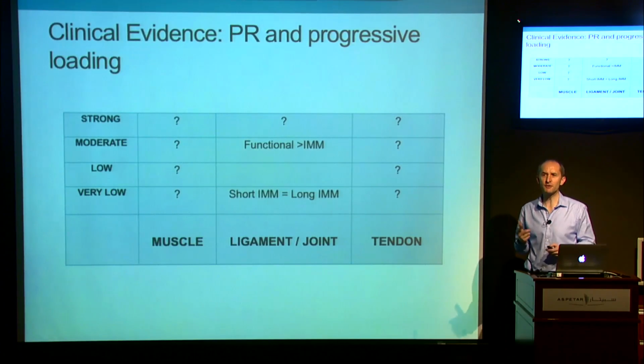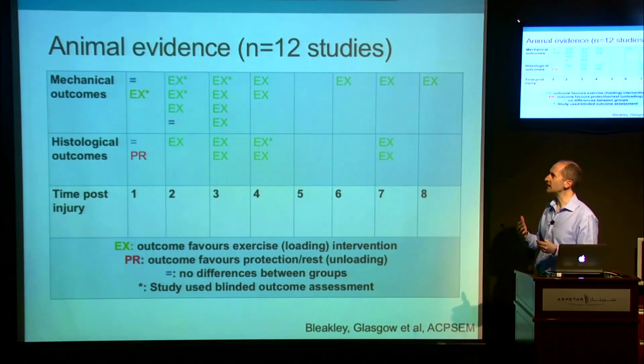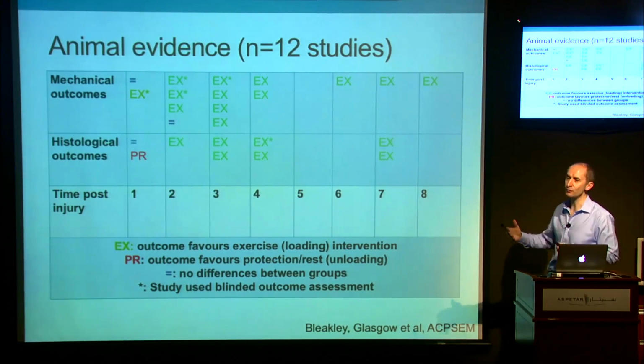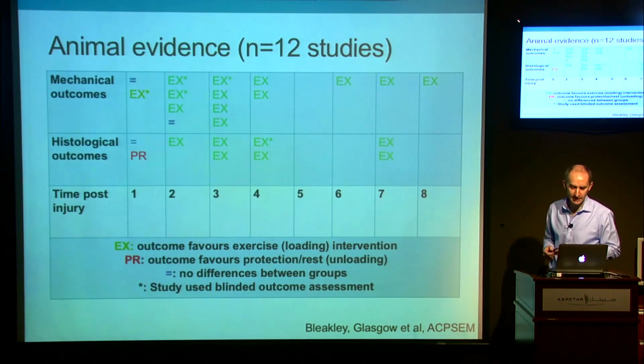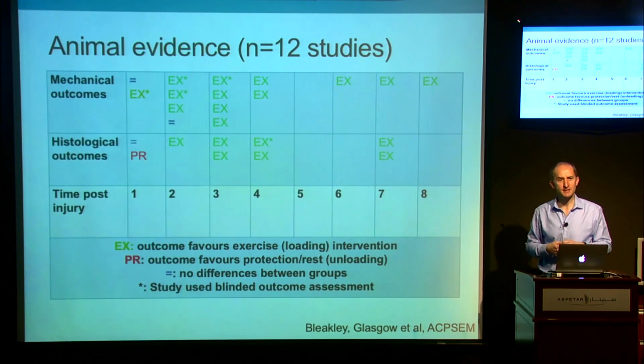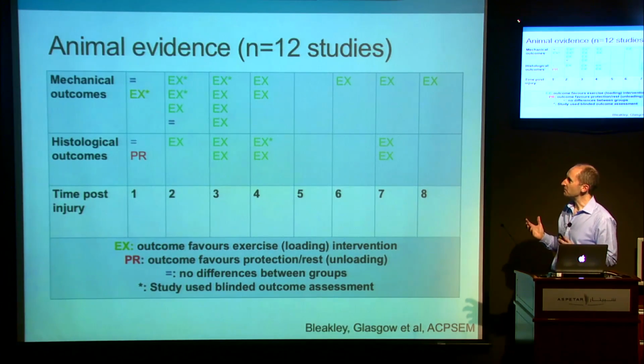However, if we look at some of the basic science in the animal studies, we start to see a little bit more. Particularly if we look across these 12 studies that myself and a colleague, Chris Blakely, did on behalf of the UK Physios in Sport group, where we did a broad review and meta-analysis of these.